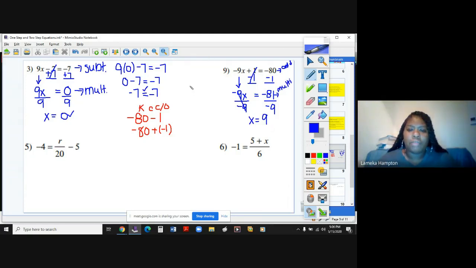Now I am going to check my work over here, making sure that my answer is indeed 9. Okay. So hopefully I have enough room because sometimes I write big. So I have -9, and that's going to be multiplied by a +9 because x is equal to 9. So I can easily substitute this number back in place of x for the original equation.